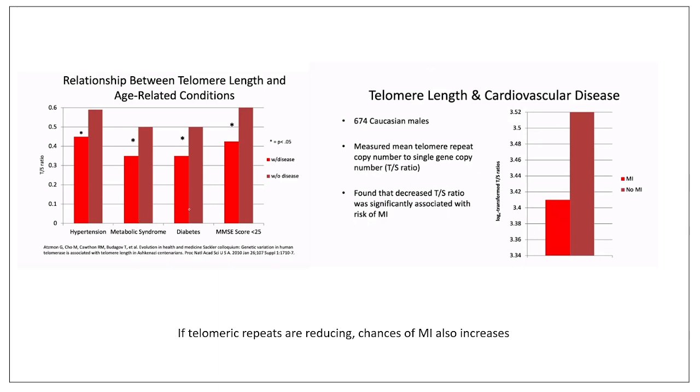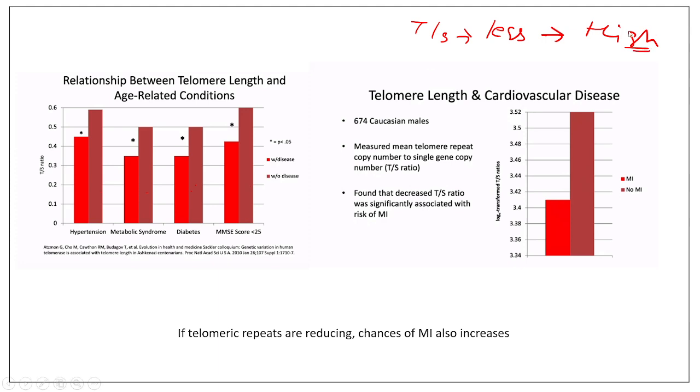Hypertension, metabolic syndrome, diabetes, and I don't know what this MMSC is, but okay, these are some kinds of diseases only. You can see these are the ones with diseases and these are the ones without diseases. And this is T by S ratio. This T by S ratio means, if this T by S ratio is less, your chance of getting a disease with age is high.